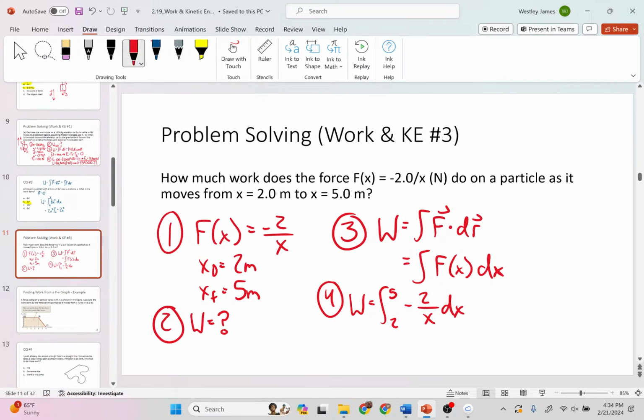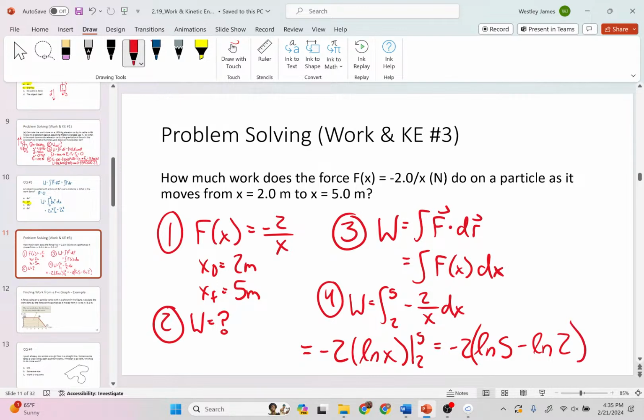Okay, so we can pull that -2 out to the front. And it's natural log of x, from 2 to 5. So you get -2 times ln of 5 minus ln of 2.